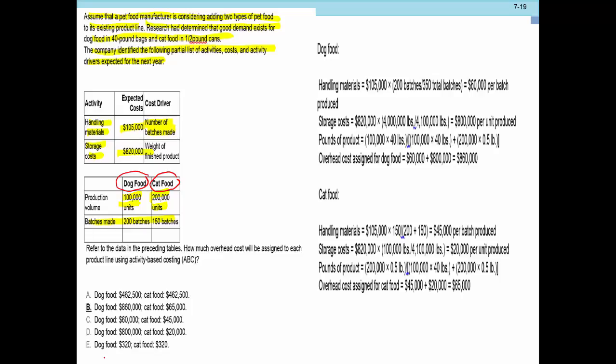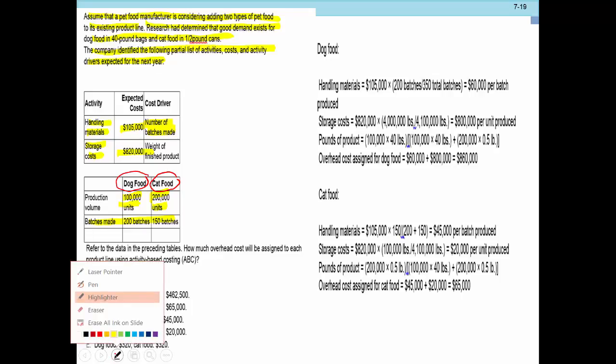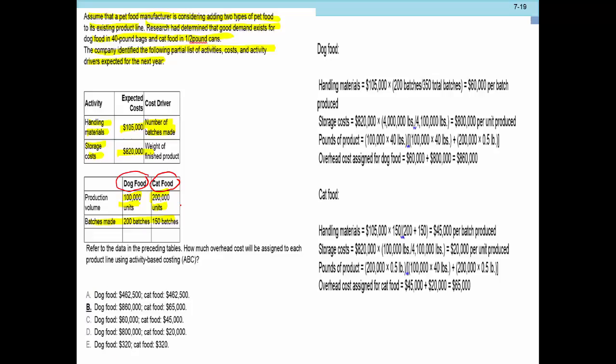I think I can do more good with the pen here than the highlighter. So it's the number of batches for handling, right? And it's the weight of the product. So we're going to have to do a little bit of conversion here because they're giving me the number of units, but I'm going to have to convert those units into pounds because they're using the weight.